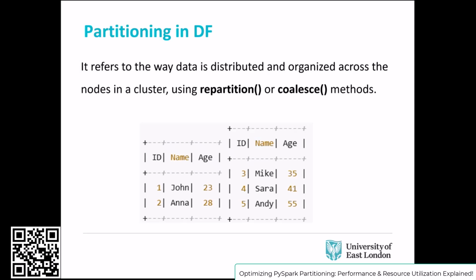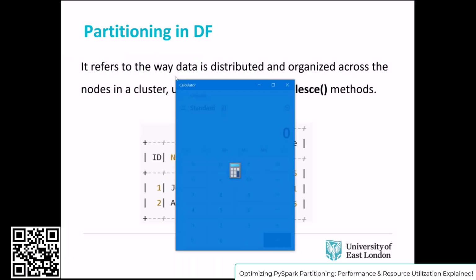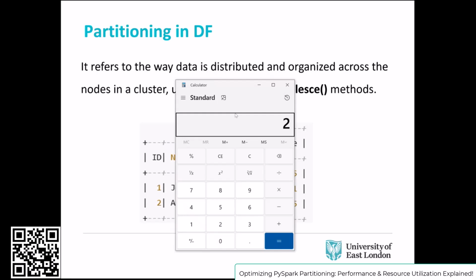So if you have 2 gigabytes of data, how many partitions is suitable? 2 gigabytes divided by 128 megabytes. Gigabyte and megabyte are different scales, so first you multiply 2 gigabytes by 1024 to bring it into megabytes, and then divide by 128 megabytes.